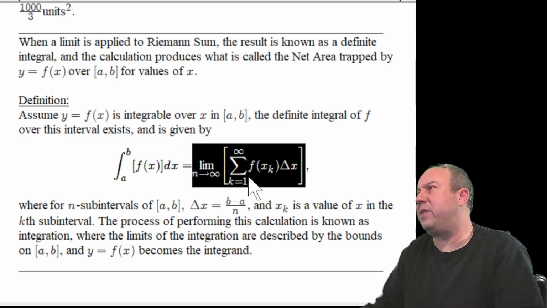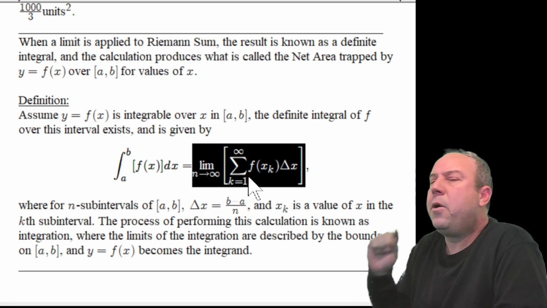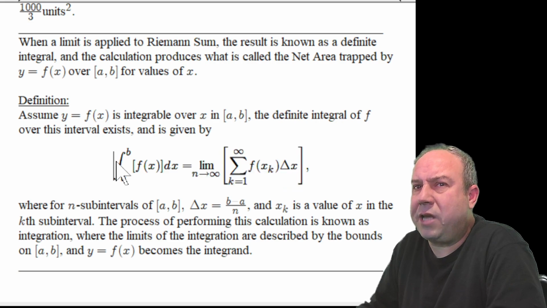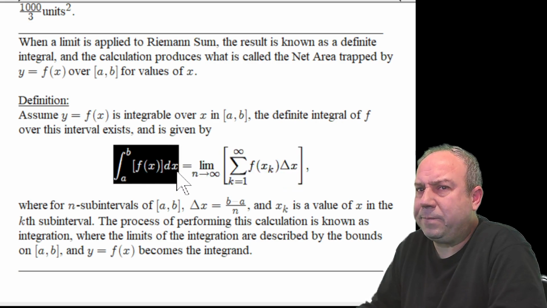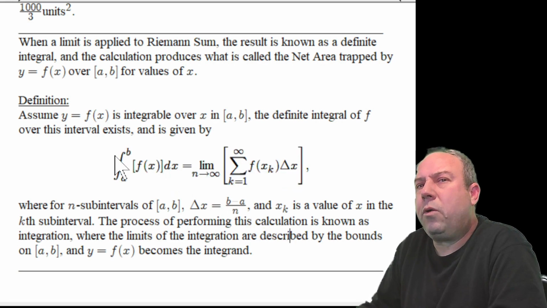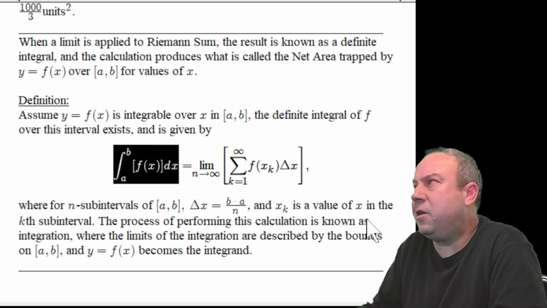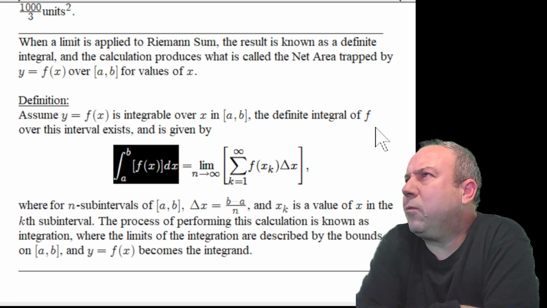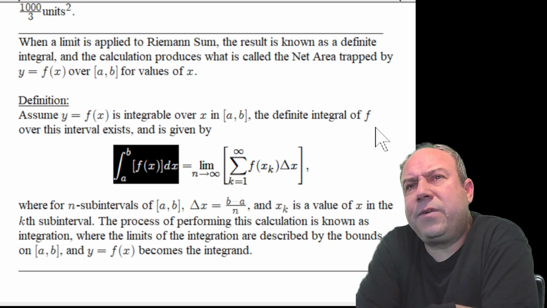The definite integral will exist over this interval, and it's going to be given by the limit as n heads to infinity for that Riemann summation, which is also equal to the following notation, where what we see with the highlighted notation here resembles the calculation for an antiderivative.